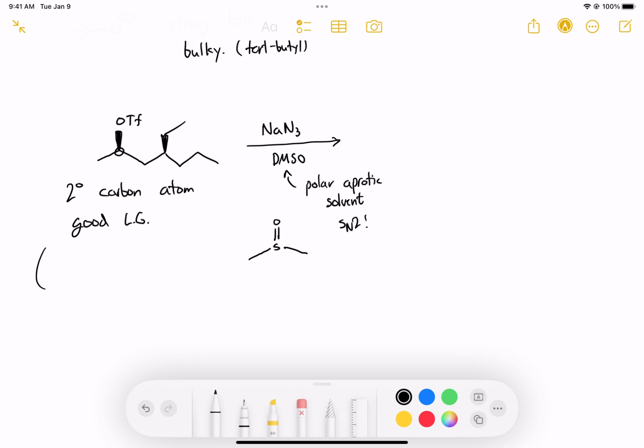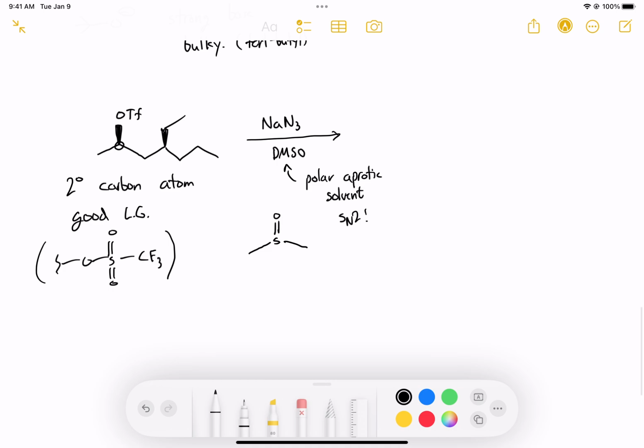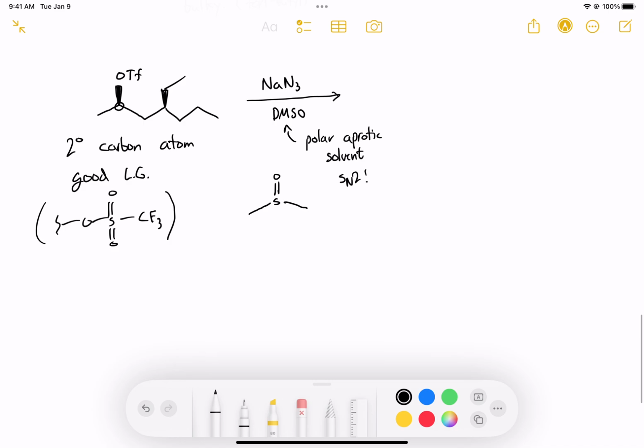This group, trifluoromethane sulfonate, is SO3 attached to an R group, like this. It is a very good leaving group too, because it's the conjugate base of a superacid. And then our nucleophile is sodium plus, and this is an azide.